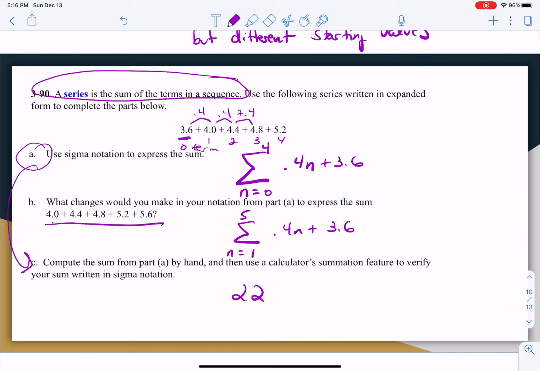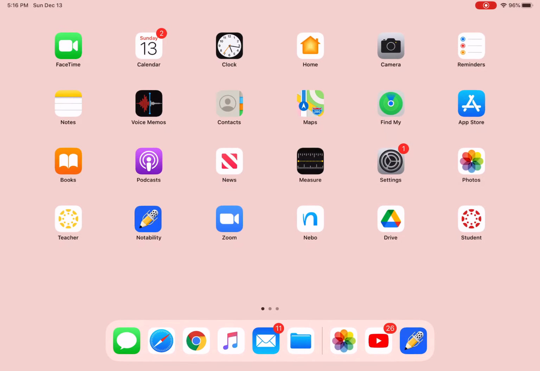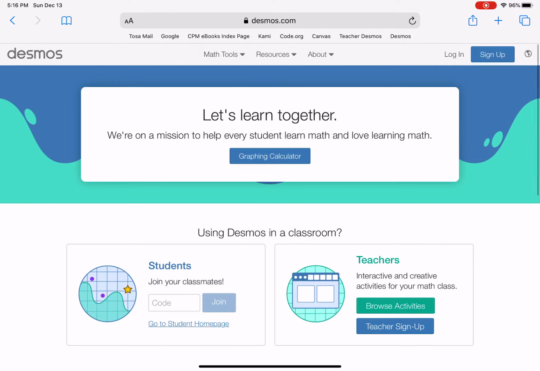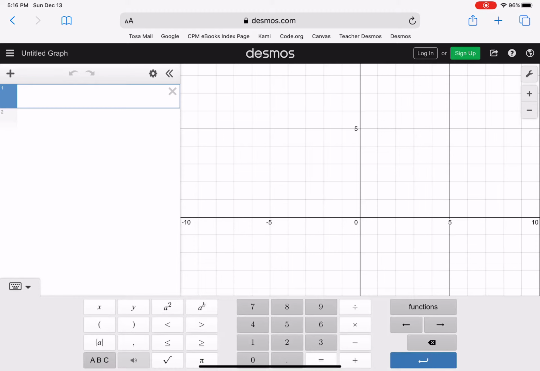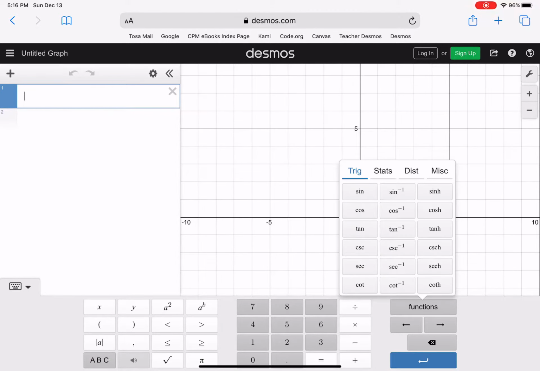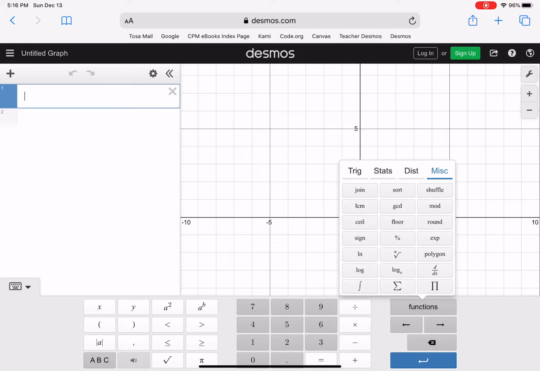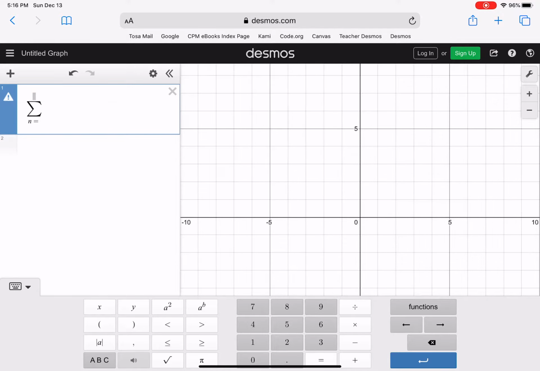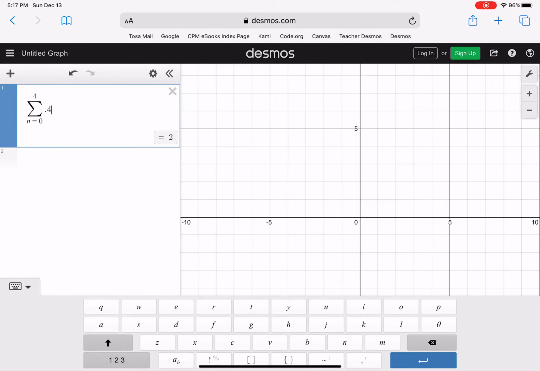Let's put that in Desmos just to double check it. So if I go to Desmos, and again I'm going to click on Functions, Miscellaneous, Summation, and I'm going from 0 to 4, and my argument is 0.4n, if I'm going to use n's.